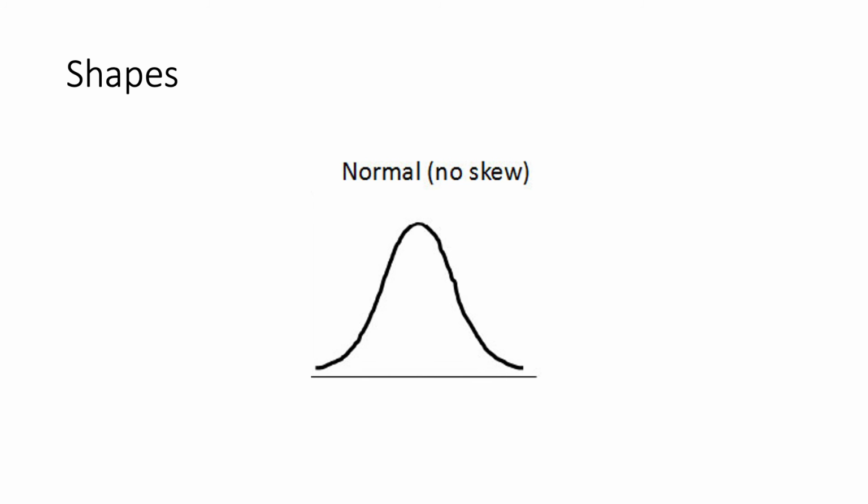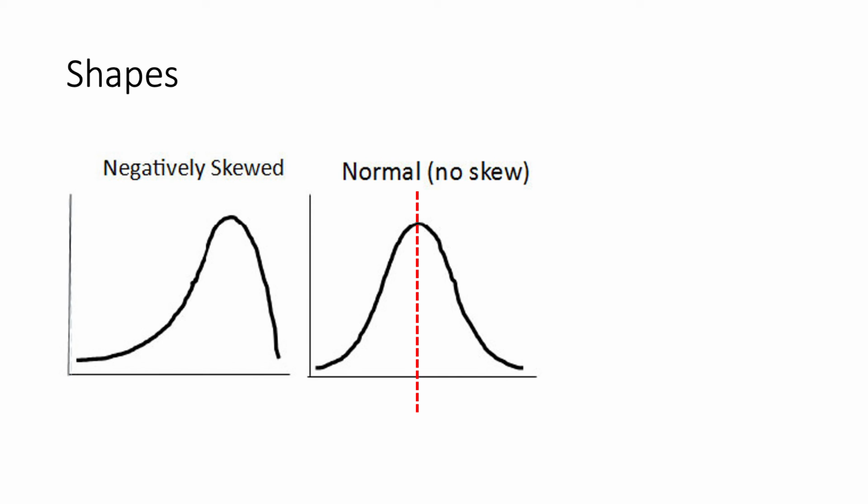Let's look at some shapes. So this would be a normal distribution. The mean and the median and the mode are all right there in the middle, and it looks very familiar. But what happens when it looks like this? Well, there's your mode. That's where most of the scores fall.